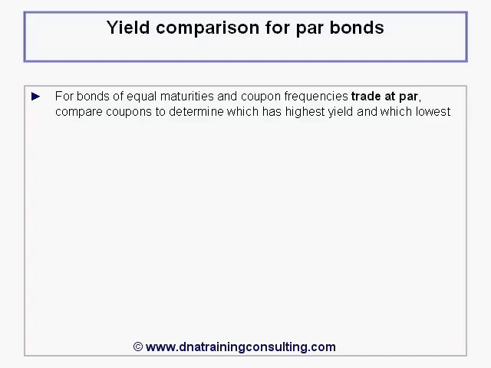For bonds of equal maturities and payment frequencies and trading at par, we can compare coupons directly to determine which bond pays the highest return and which the lowest return.